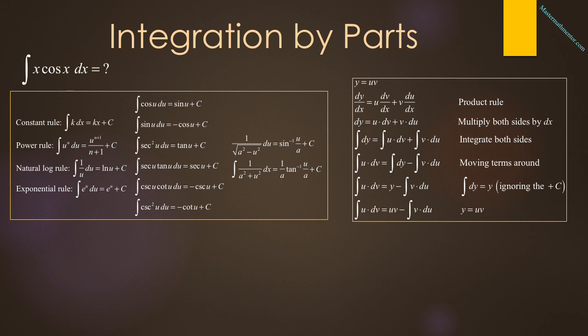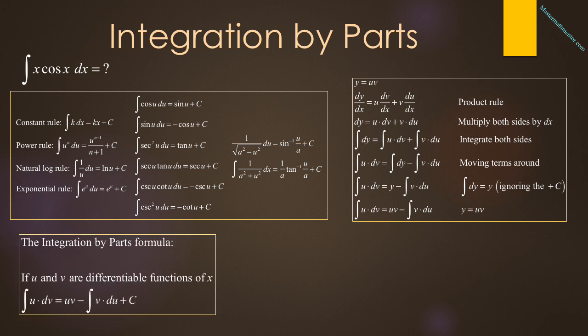Using the fact that the integral of dy is simply y, for now ignoring the plus c, we get that the integral of u dv is equal to y minus the integral of v du. And utilizing the fact that y is the same thing as uv, we end up getting the integral of u dv equals uv minus the integral of v du.